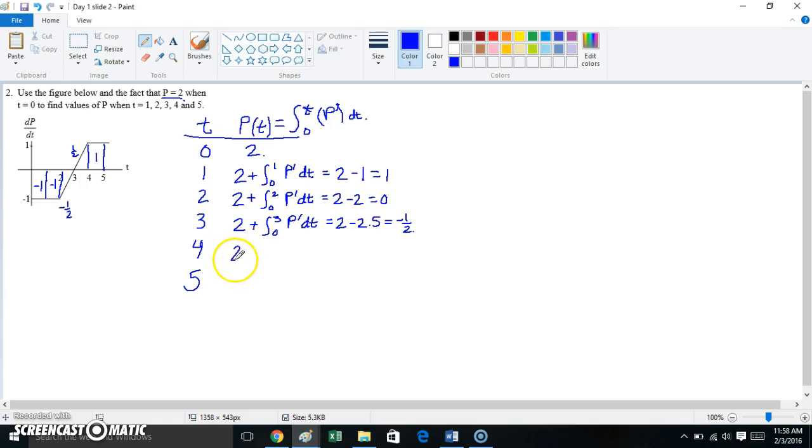For 4, 2 plus the integral from 0 to 4 of p prime dt. That's 2 plus, it would be a -2 again.